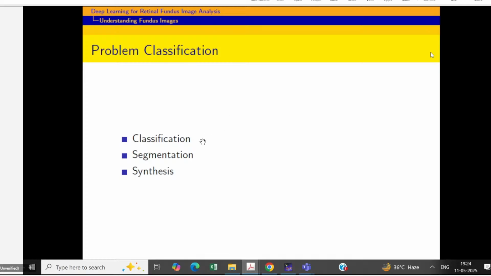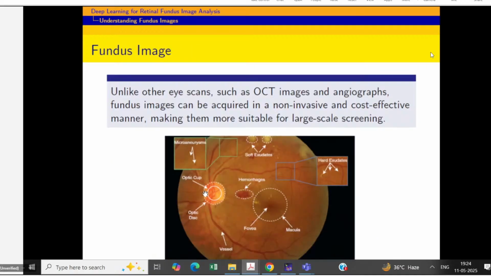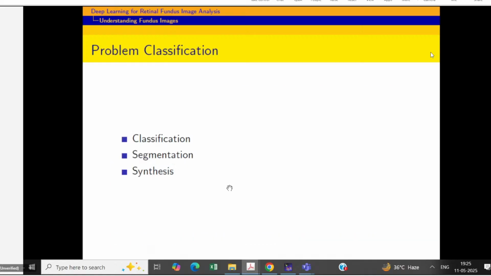Segmentation is, let's say, optic cup and disc, which is very important, as I mentioned, for glaucoma diagnosis. So you have to segment those regions appropriately. You need to highlight these regions where there is the optic disc and the optic cup in the image, right? That is partitioning an image, and this is basically the region of interest.